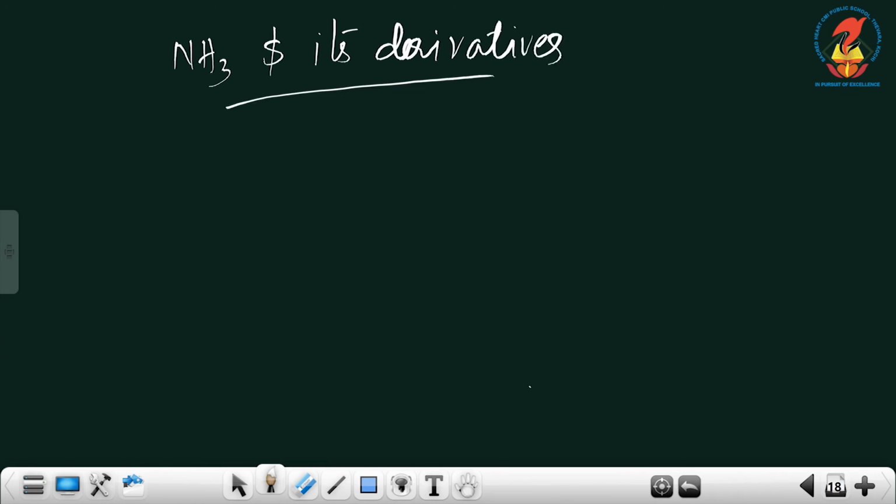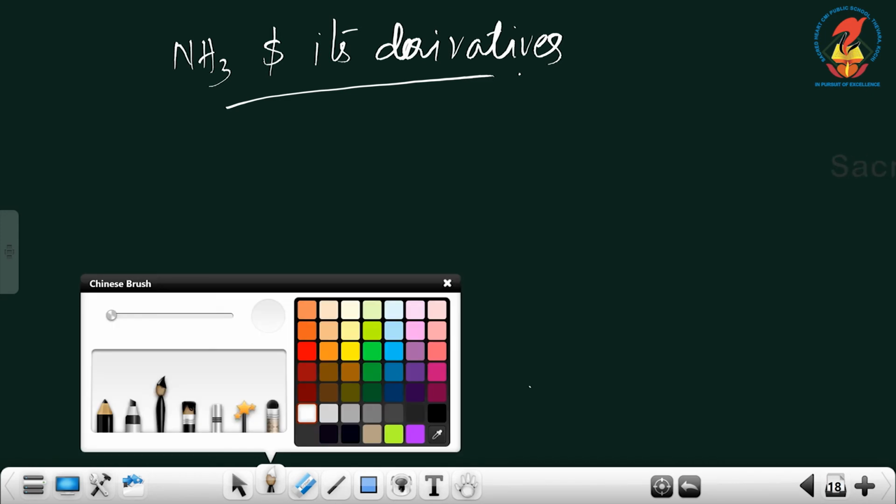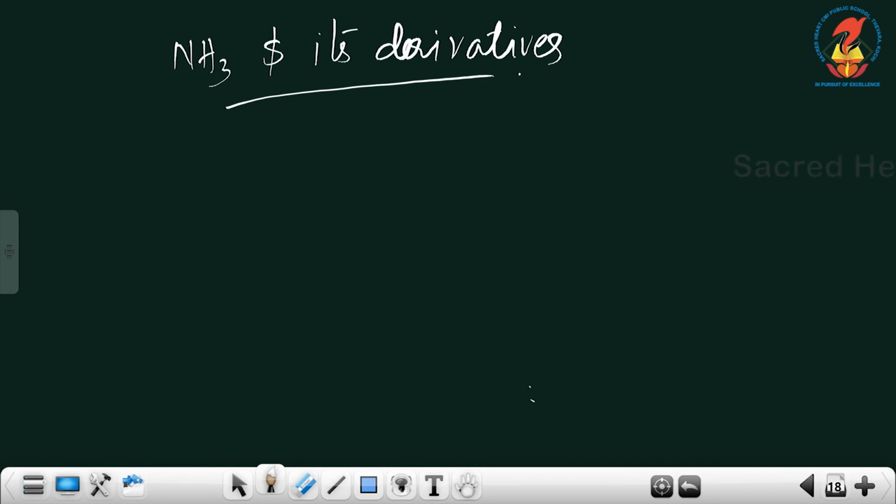This you write inside a box and study. Okay. The first one is ammonia. We know the formula of ammonia, that is NH3. In order to study the reactions more easily, I am going to write NH3 as NH2H.